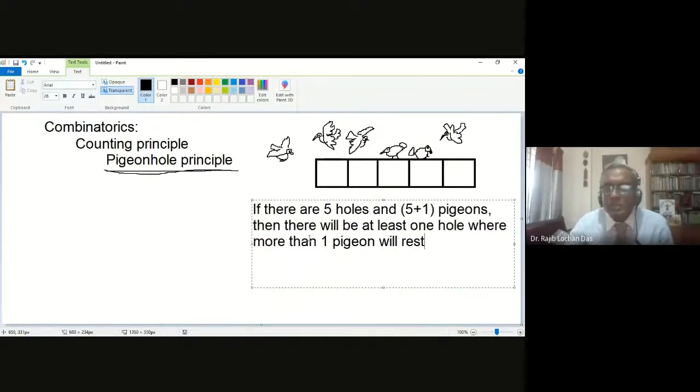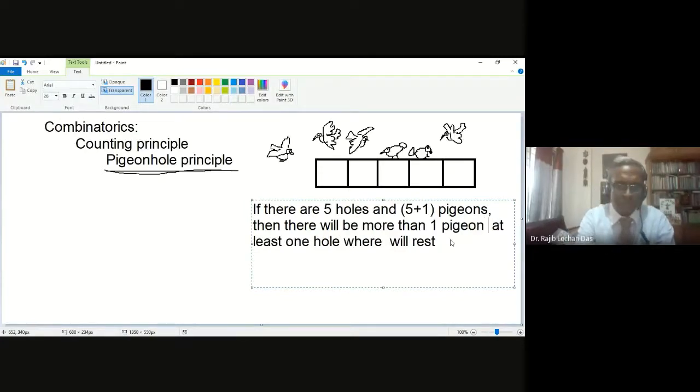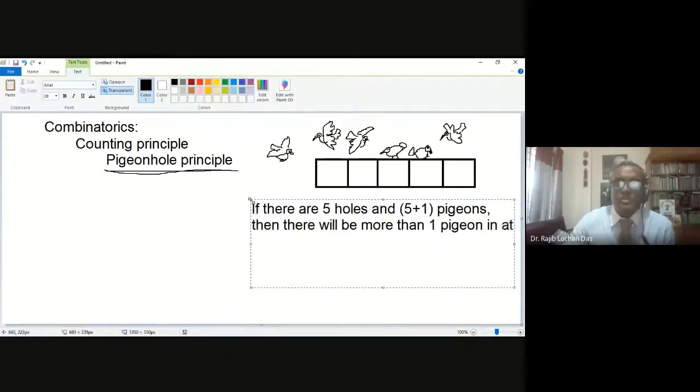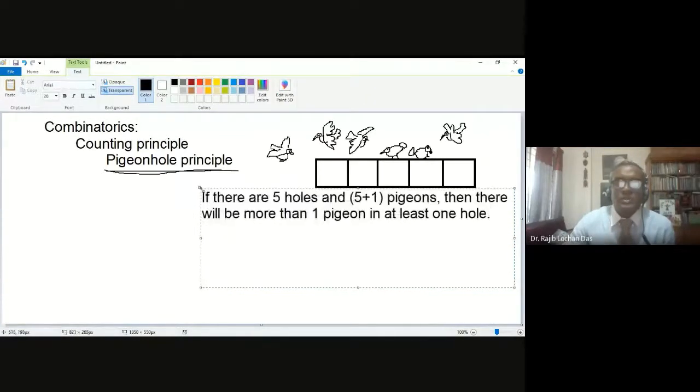Or I can say there will be more than one pigeon in at least one hole. Okay, so it is simple to say. So this is the pigeonhole principle, or you can say theory.